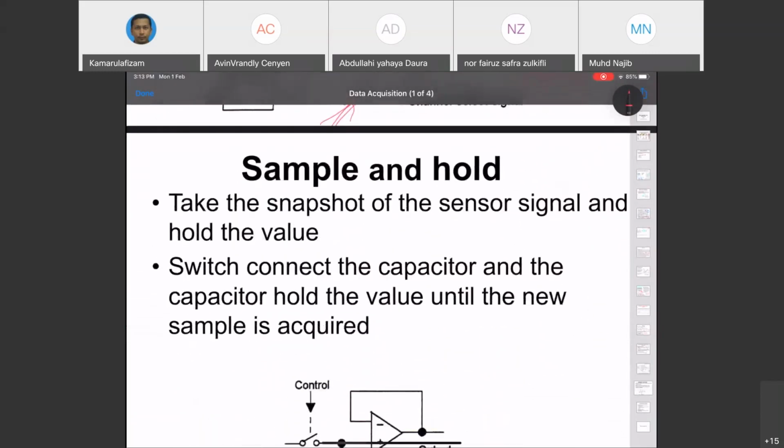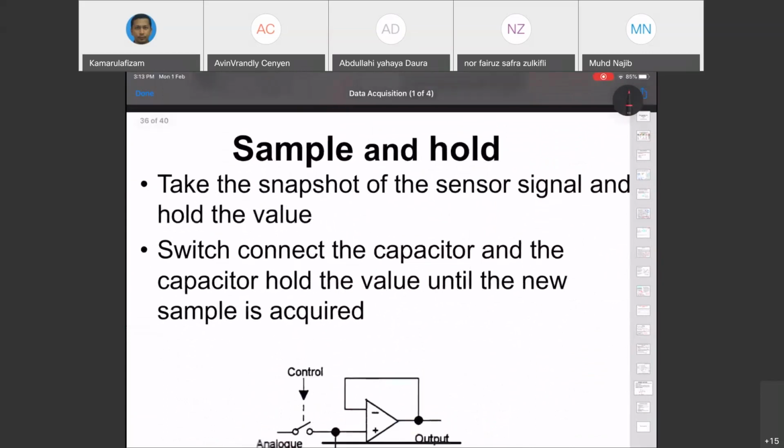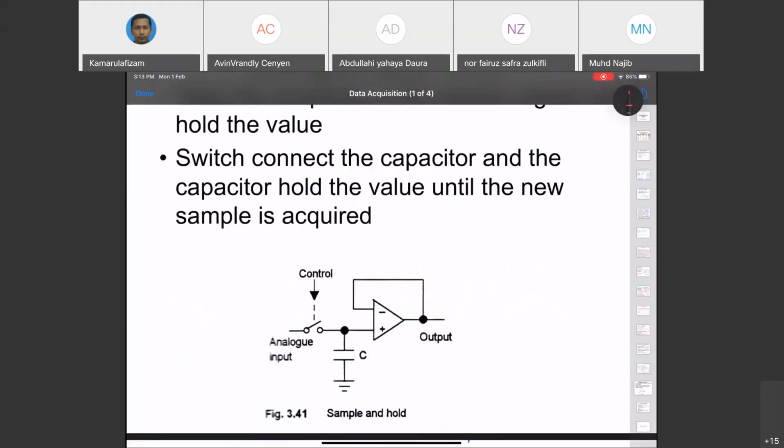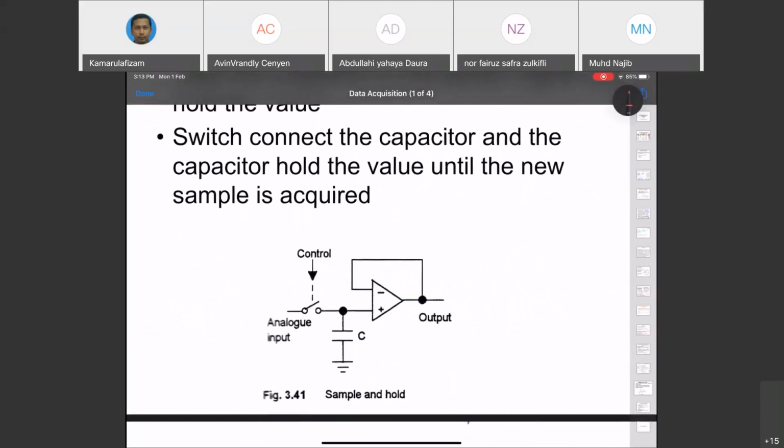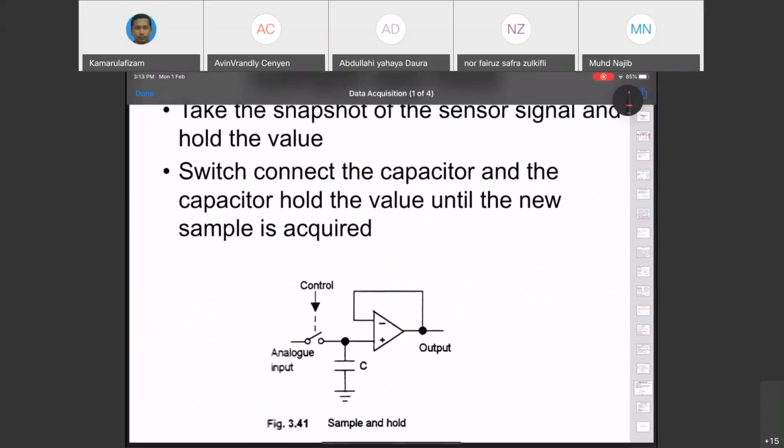Okay, this is sample and hold. It says here, taking a snapshot of the sensor signal and holding the value. A switch connects the capacitor, and the capacitor holds it. This is how the circuit and the system work. Basically, we don't have to pay much attention to this because the sample and hold circuit is embedded in ADC chips.